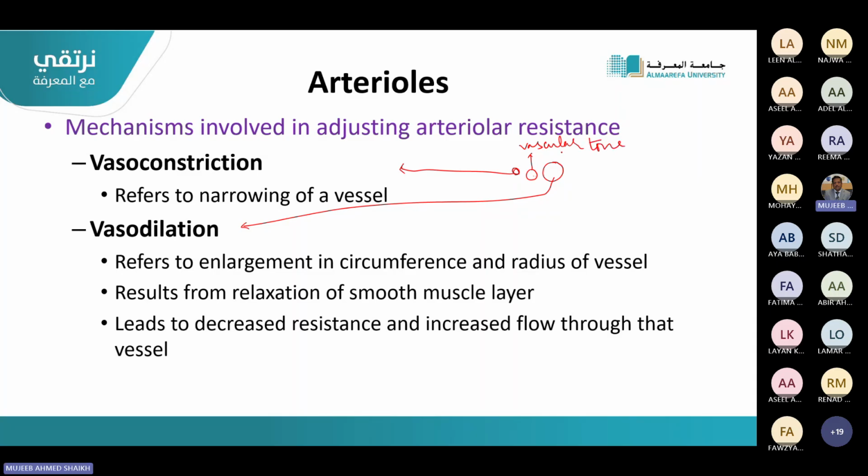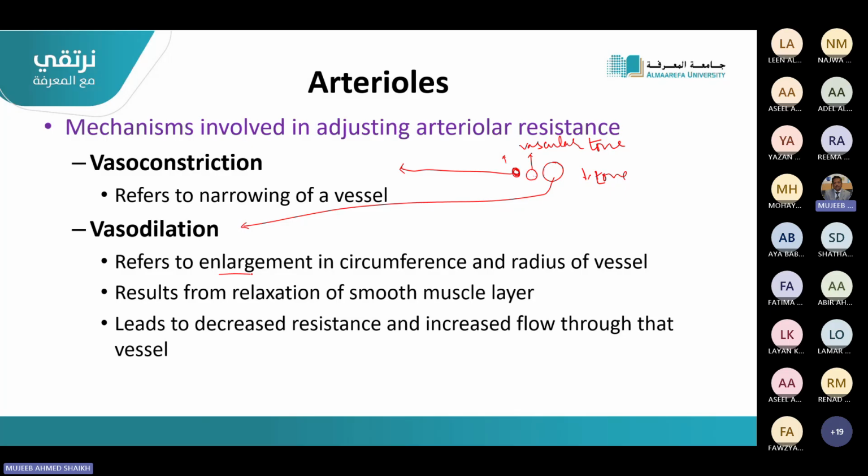Normal vascular tone is the normal size of the vessel. Increased tone will lead to a decrease in the size, known as vasoconstriction. If vascular tone decreases, this will lead to increasing the radius or dilatation of the vessel. Here the definition is given.